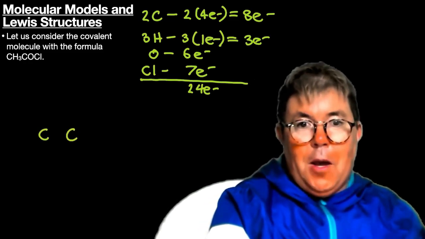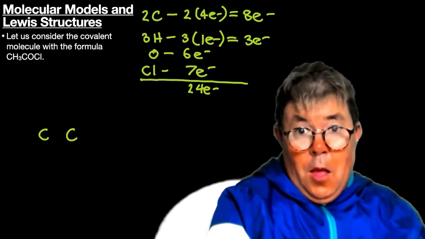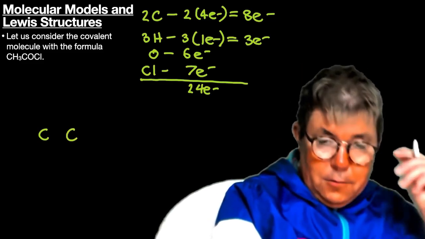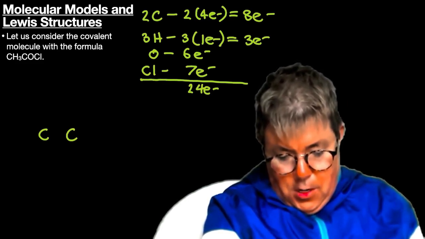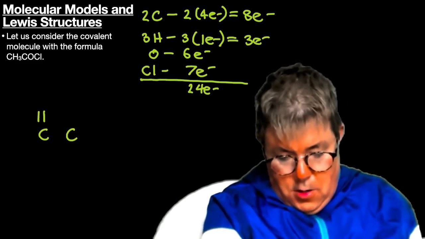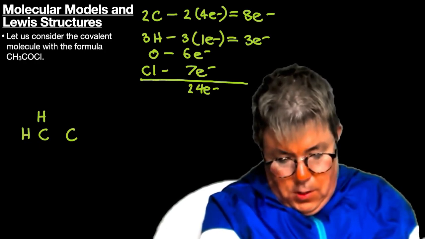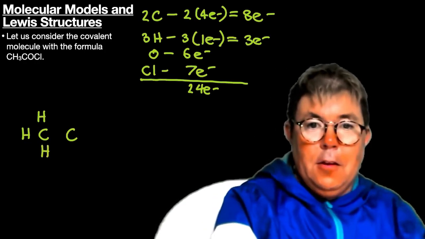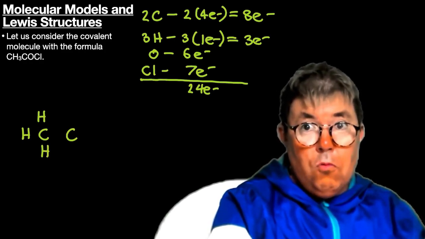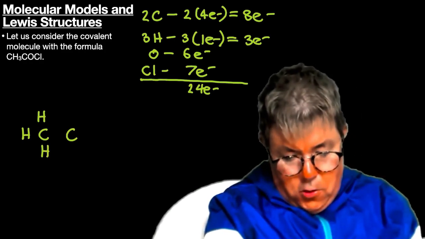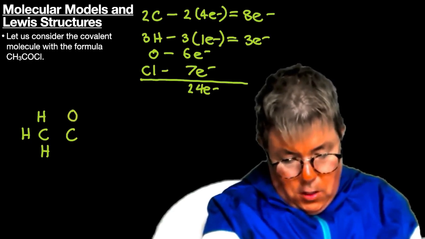So now I have drawn my two central atoms. The carbon on the left side, according to the formula, has 3 hydrogens. The carbon on the right side has an oxygen and chlorine.